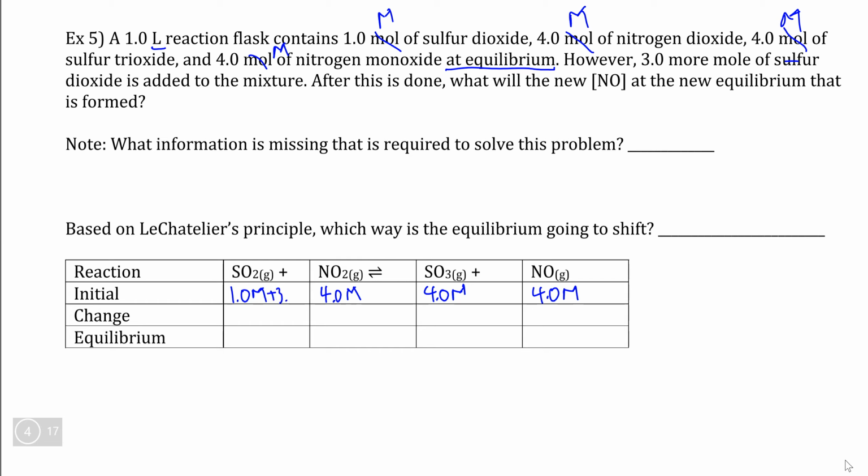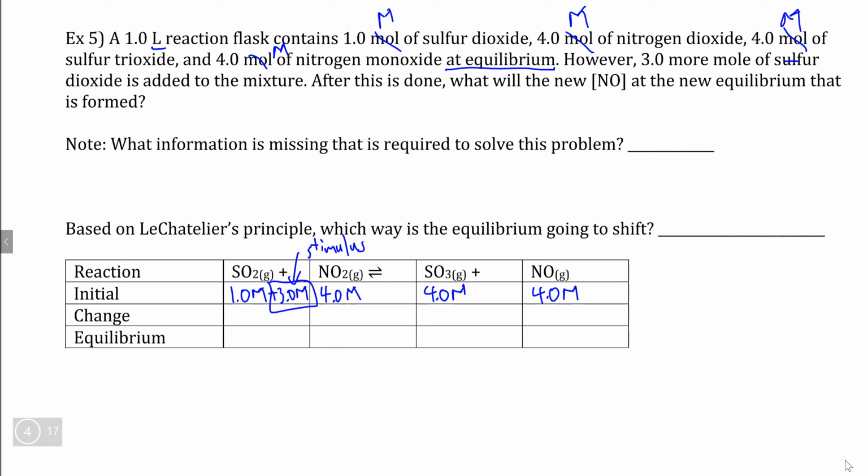However, when we add these 3 more moles per liter of sulfur dioxide, this is a stimulus to the system, which means that based on Le Chatelier's principle, whatever this stimulus does, the equilibrium is going to try and reverse this. And we know because of rates, whenever we introduce more particles of that reactant, we're going to have more collisions.